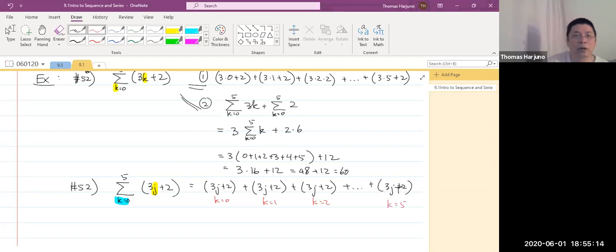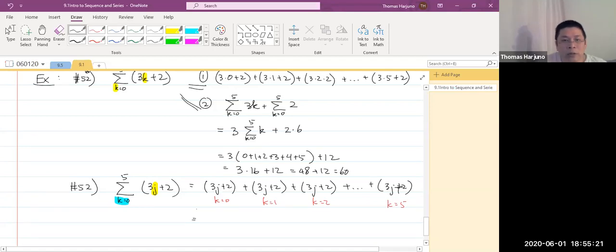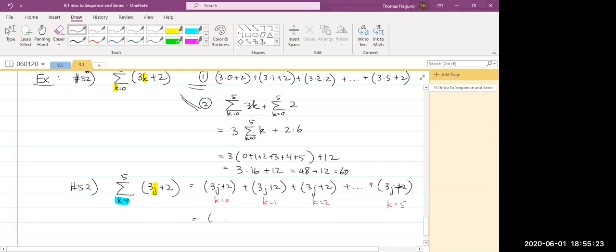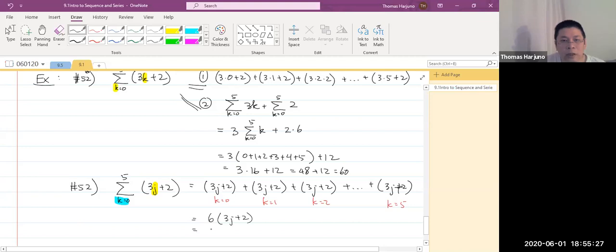But how many terms are there? Each one of them is constant. There are 6 terms, so this will be 6 times 3j plus 2, which is 18j plus 12.